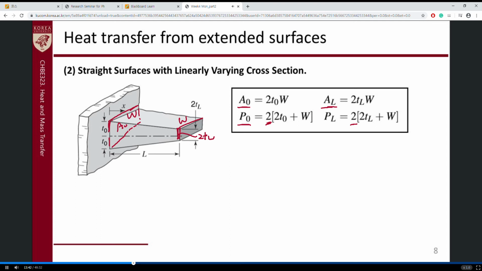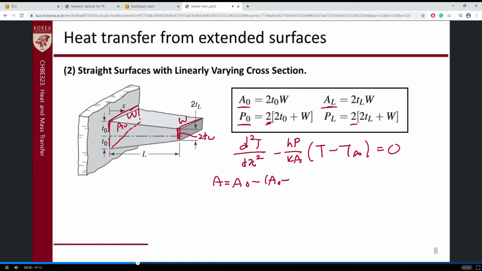So our previous equation was with respect to the x: d/dx of A dT/dx, minus hP over k, T minus T infinity equals 0, right? And what was that? A equals A0 minus (A0 minus AL) x over L, and the P's are the same, right?